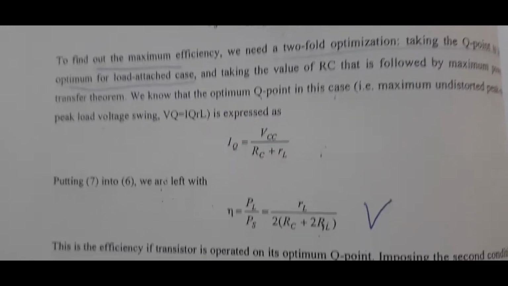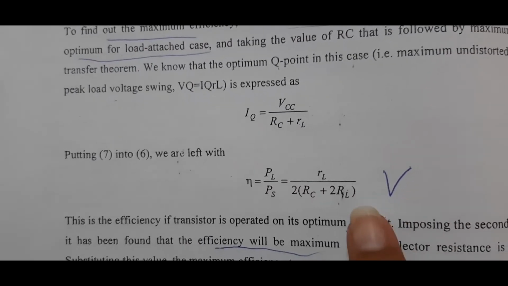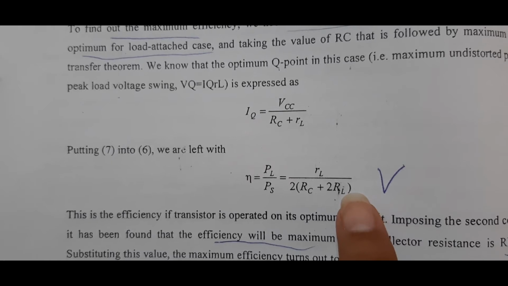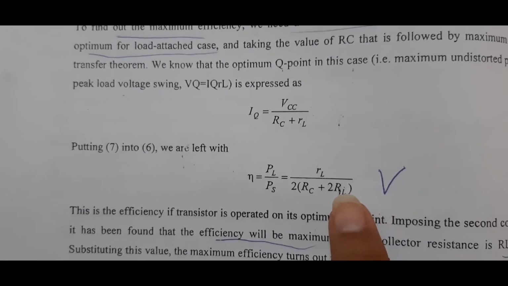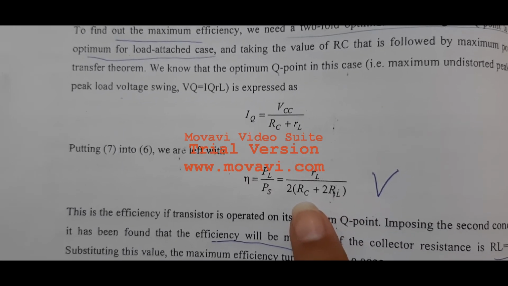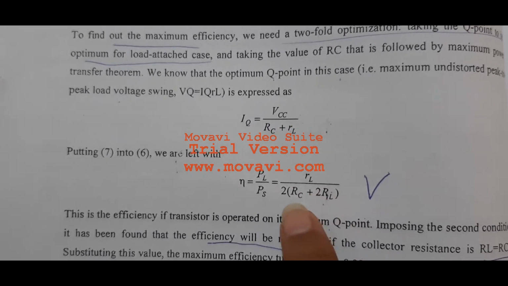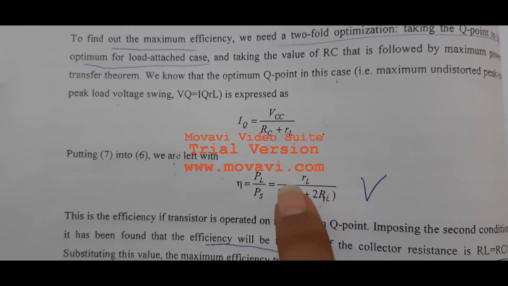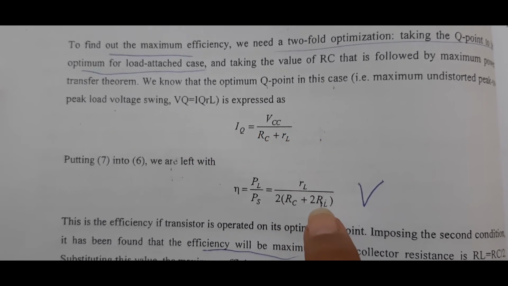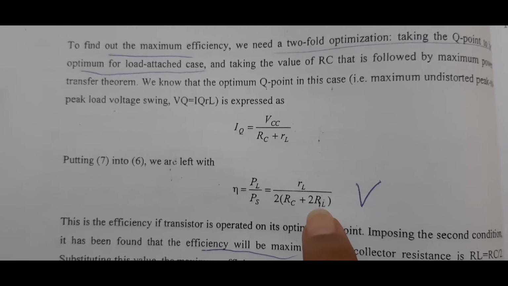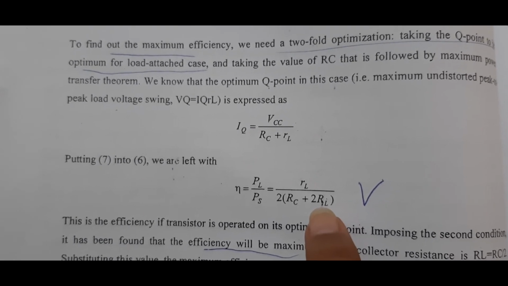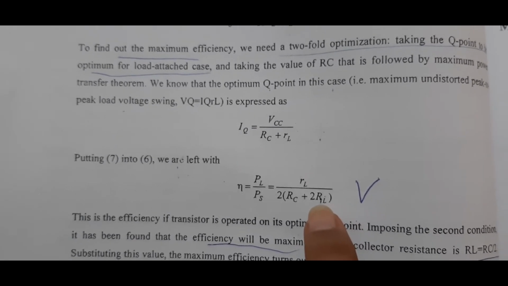Here you can see that the efficiency of the class A amplifier depends upon both the RC and RL resistors. So to find the maximum efficiency, you will have to use the maximum power transfer formula, that is, the value of RC such that it will deliver the maximum power to the load. Here the load is fixed, you cannot change it because it is the output for which you are designing the power amplifier.